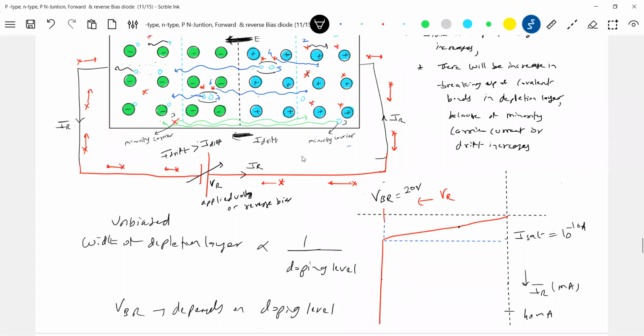Only what is this current? This current is due to minority carriers only, but their number will be very large, and the diffusion current is almost zero here. What about here? The diffusion current will be a very small value, and still the drift current will be greater than the diffusion current.